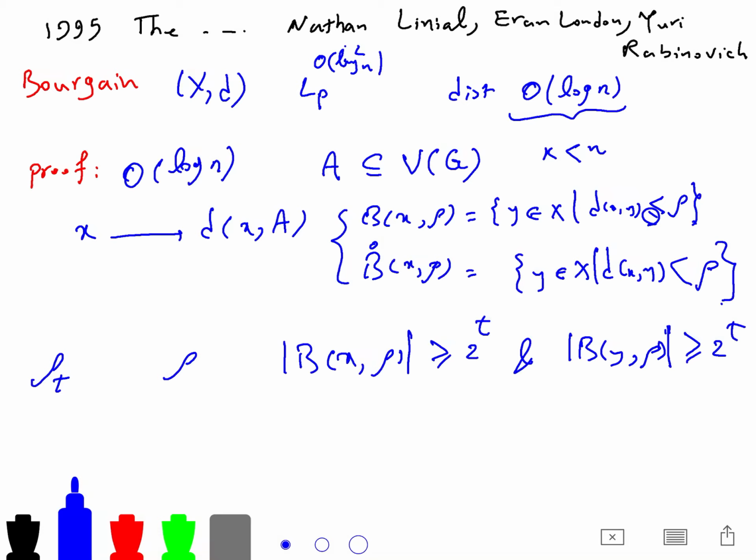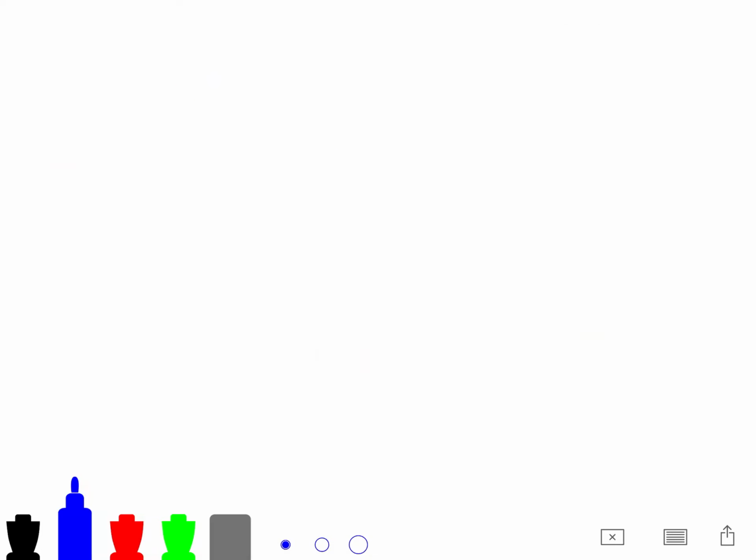So what we are doing is creating some rho_t's, as long as rho_t is less than 1/4 of d(x,y), we can define this.